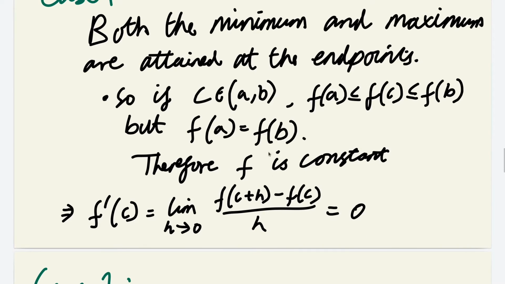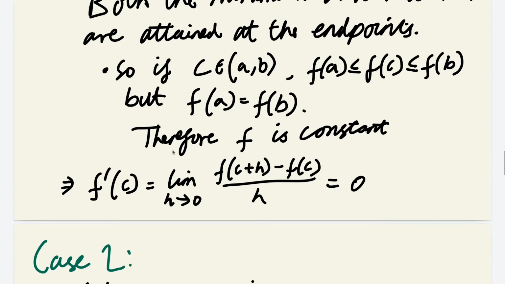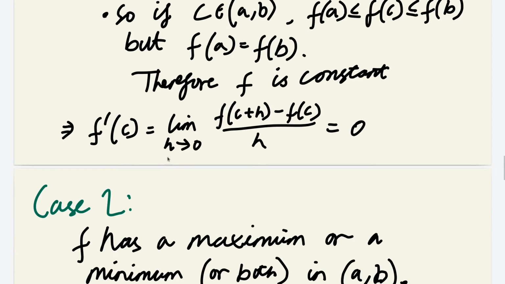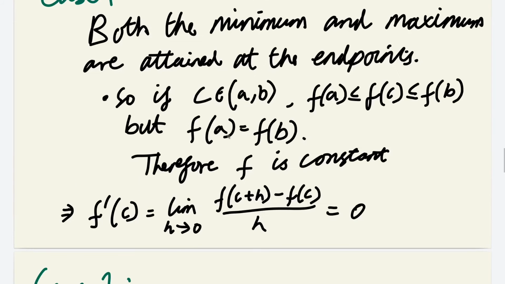But of course f(a) is equal to f(b), and so this inequality must collapse, and so f(c) is equal to f(b) and equal to f(a). Therefore f is constant, and if we take the limit here, we can see that this is trivially 0, provided that h is sufficiently small such that c plus h is in the open interval (a, b).